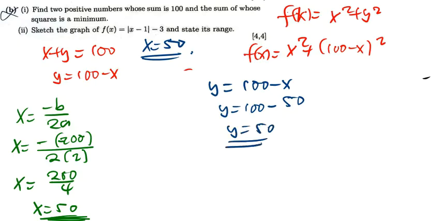We can clearly see here that the question was to find two positive numbers whose sum is 100. 50 plus 50 is 100, and the sum of whose squares is minimum. If we square 50 and 50 again and add, that's the minimum we're talking about here. Okay, so that is it for part A.